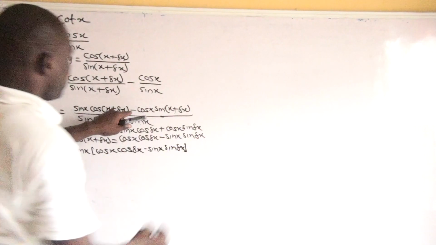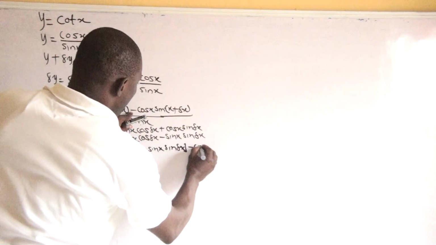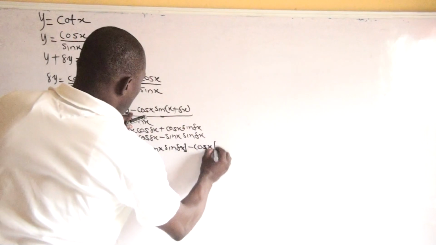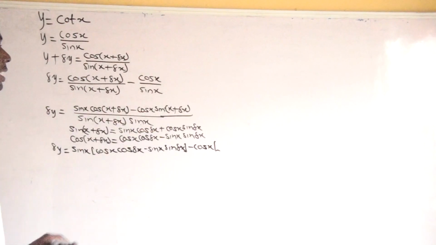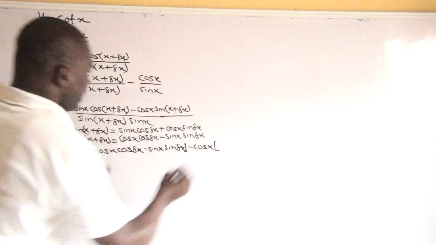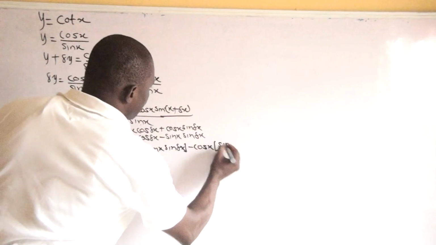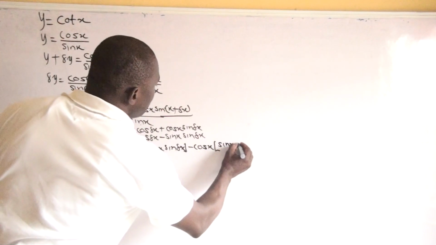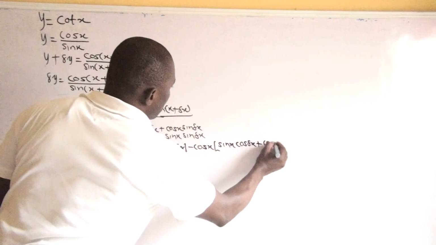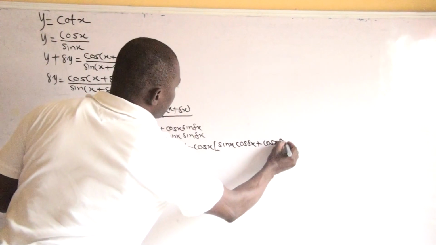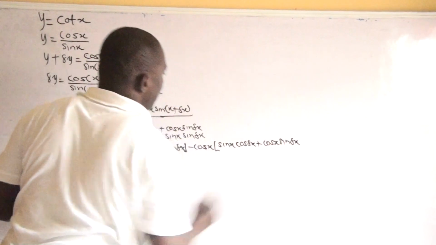On this part we have a minus cos x, and the equivalent expression for sine(x plus delta x) is sine x cos delta x plus cos x sine delta x.